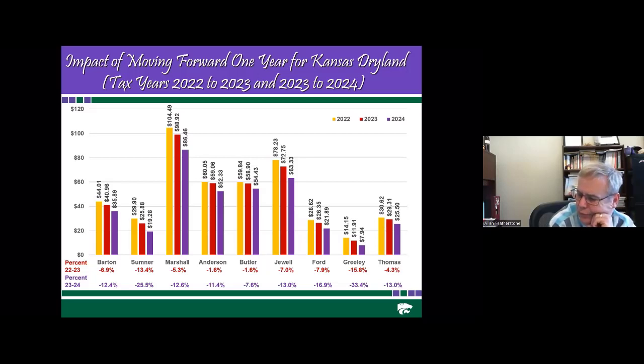And then from 23 to 24, there are drops in the LNIs. Out in the western Kansas region, because those numbers are so low, a small change of $1 or $2 really causes big changes in the percentage. But if you look at each of the districts, you see that the LNIs are declining.